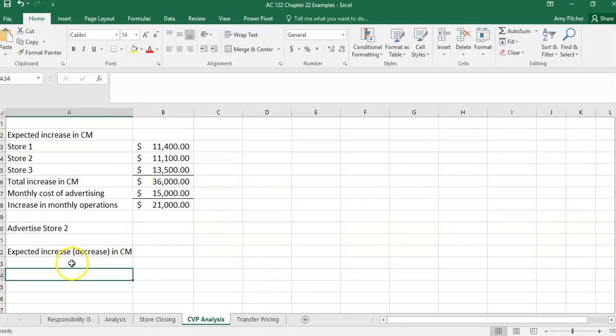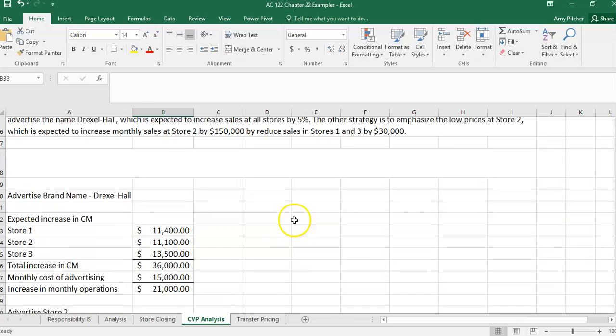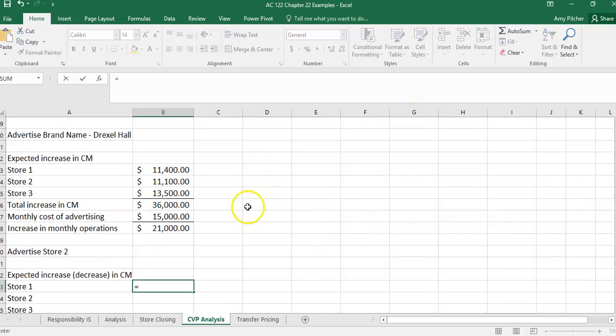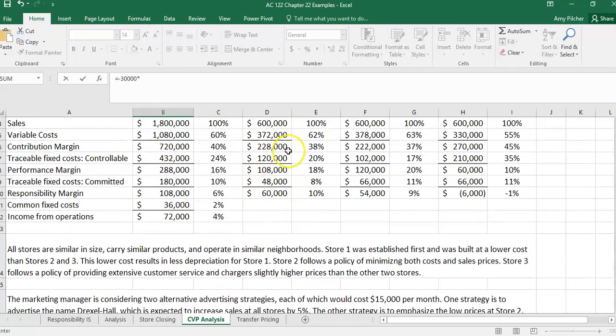We're going to increase the contribution margin in store 2, but decrease it in store 1 and 3. So in store 1, we're going to decrease sales by 30,000. So we'll want to put a negative 30,000 because it's a decrease, times our contribution margin ratio for store 1.